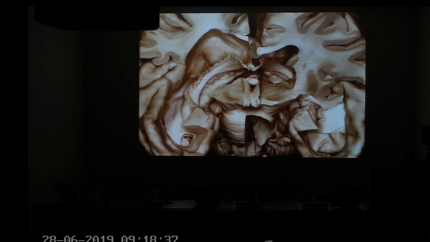In the anterior face, interpeduncular cistern. Posterior at the level of this area, ambient cistern. More posterior, here at the level of the pineal gland, the quadrigeminal cistern.